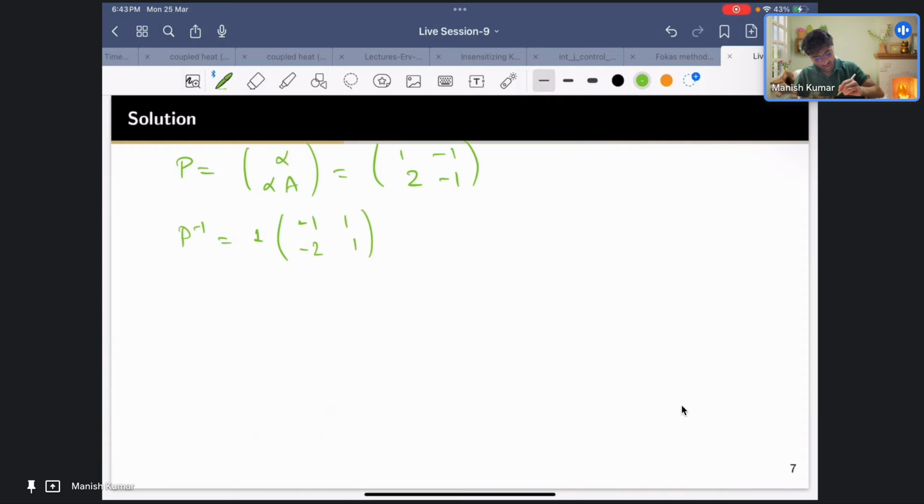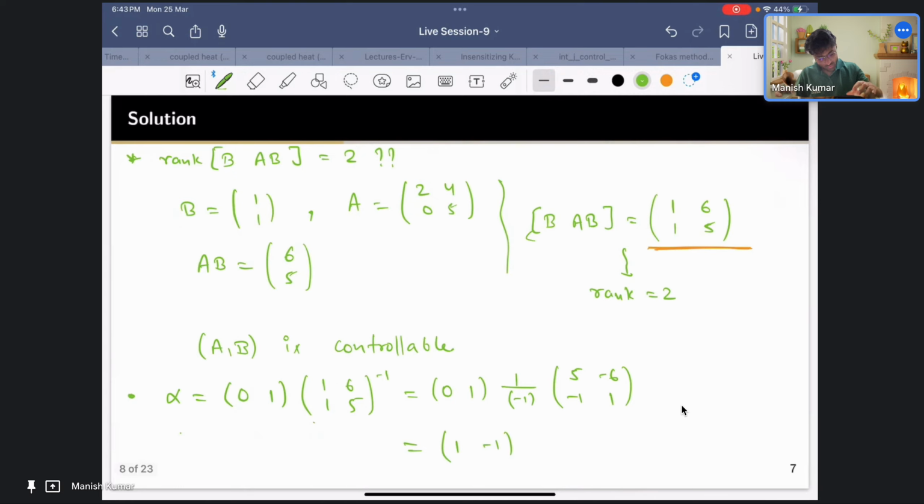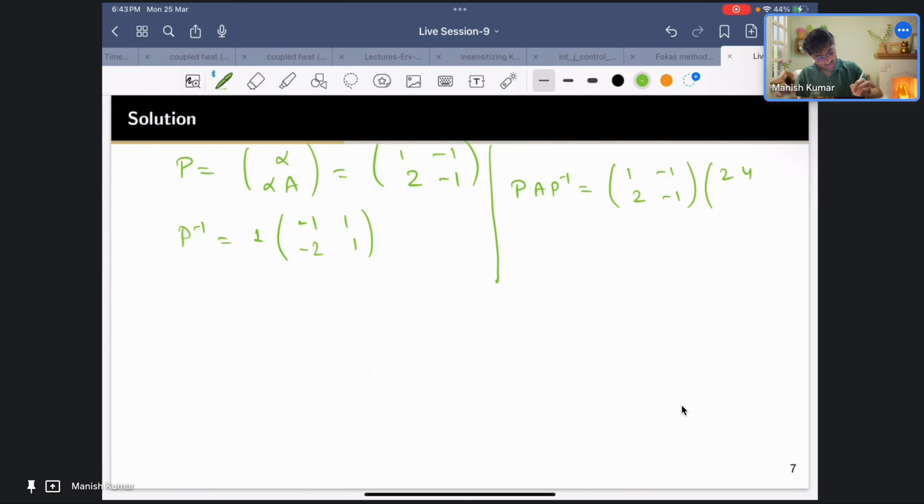Okay, then you can clearly check that this P inverse will give you, so this 1 minus 1, 2 comma minus 1, and then A was what? 2, 4, 0, 5, and the P inverse is minus 1, 1, minus 2, 1, right? So if I do this computation, this is 1 minus 1, 2 minus 1.